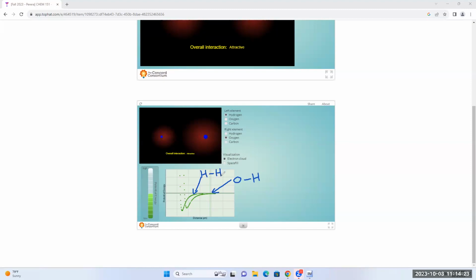Okay. On your whiteboards, I want you to tell me which bond is longer and which bond is stronger. Go ahead. So on your whiteboard, write longer bond, this one, and the stronger bond, the other one.